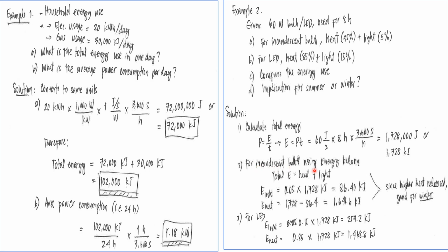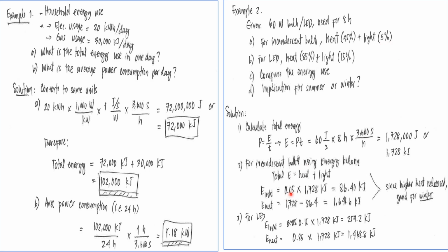For the bulb, using the energy balance, the total energy is the sum of the heat plus the light energy. The light energy coming from the bulb is only 5% of the total energy.